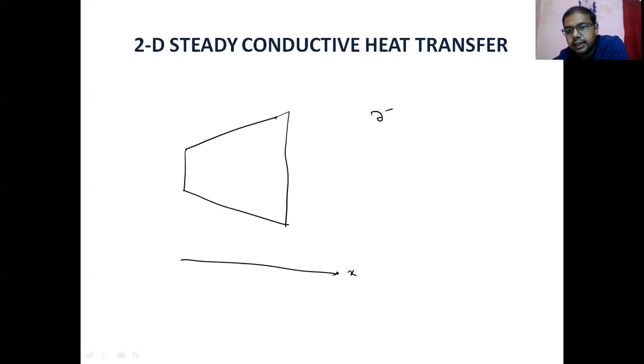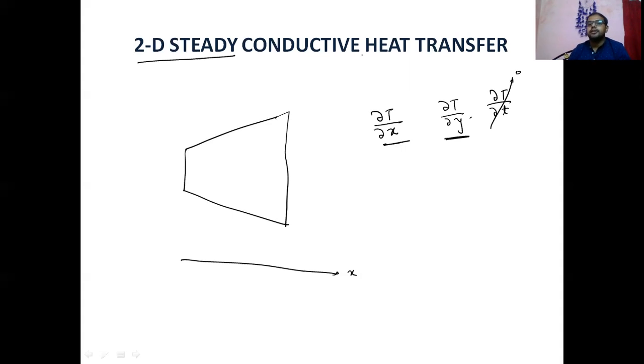In that case, you have to see the temperature variation along x and the temperature variation along y, both are existing. So it becomes a two-dimensional steady state problem. It is a two-dimensional conductive heat transfer problem.